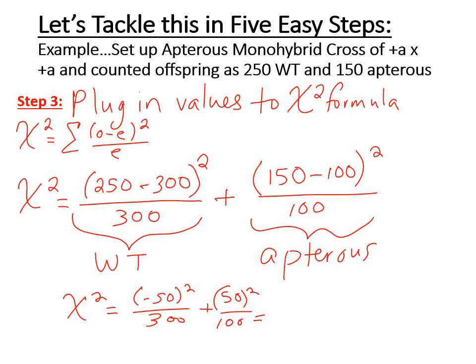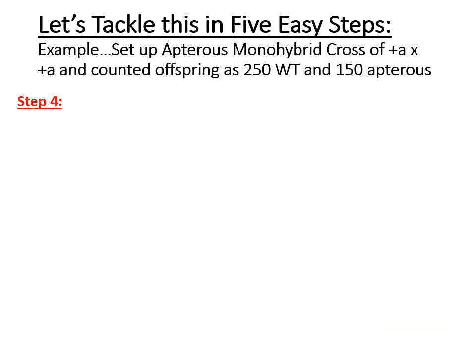Ultimately, that should give you 8.33 plus 25, which is equal to 33.3. So now we have our chi-squared because that 33.3 that you just saw is our chi-squared.